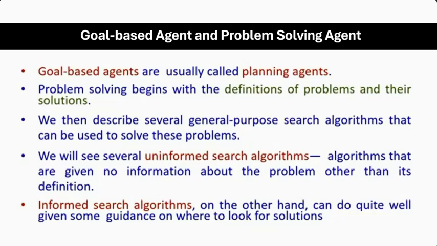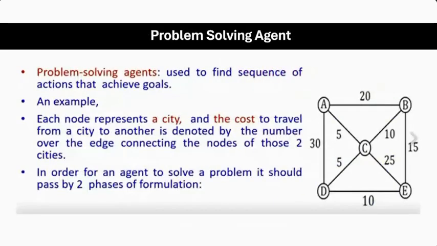And what else? We also have to find a sequence of actions, and that is precisely the problem-solving agents. Example sa picture na naka-indicate, each node represents a city. City A, City B, City C, City D, and City E. So pag once you established a trouble to look upon, yun yung nakakonekta sa kanya.